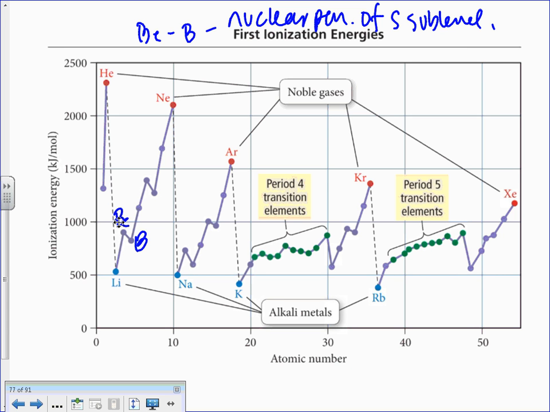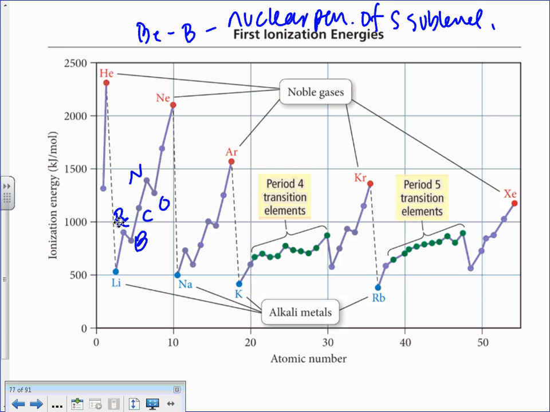So we've explained that anomaly, and then we increase to carbon and increase, like the trend says, to nitrogen, and then we drop and we get to oxygen. Why is that again? So who has electron repulsion? Oxygen, because it has how many electrons in p? 4.